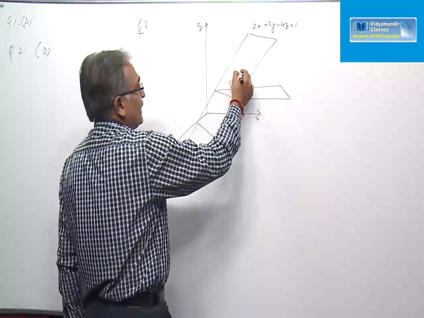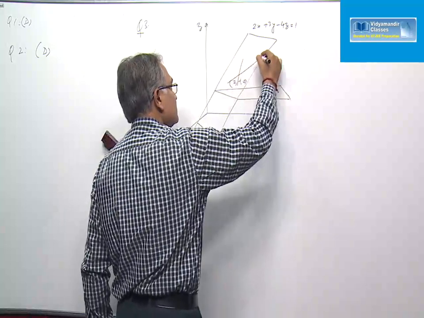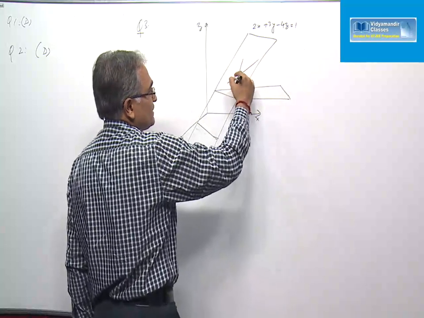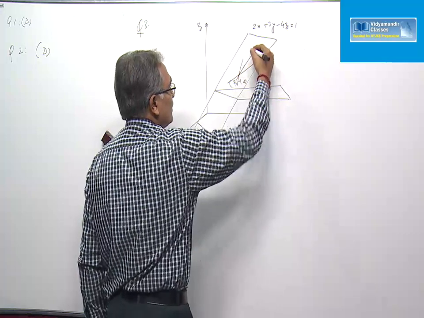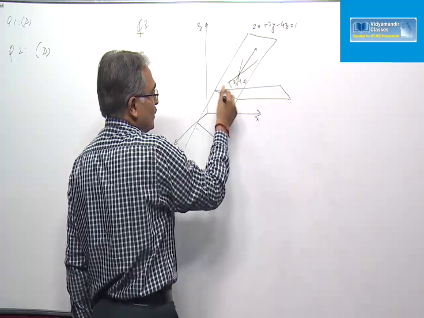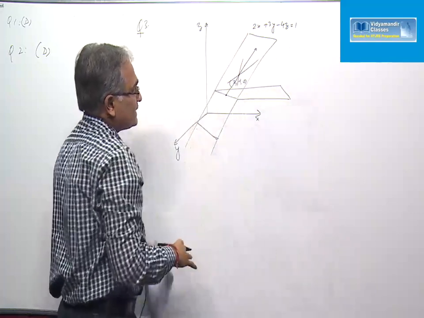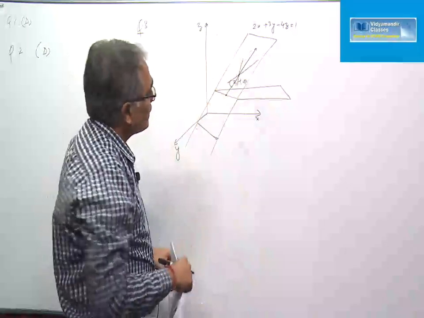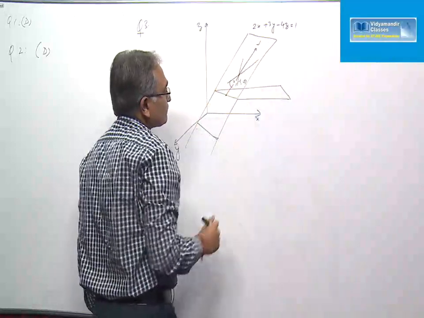Now lines passing through this point could be many. The line of greatest slope is defined as the line passing through this point and perpendicular to the line of intersection of this plane with the horizontal plane. This line is considered as the line of greatest slope. Now let's compute this line.